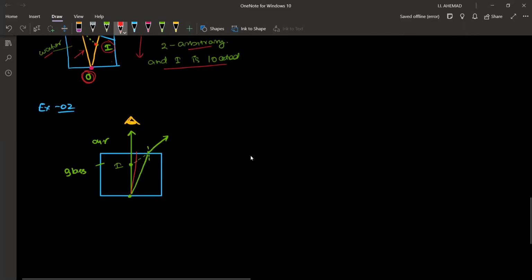Example 2, we already have given the location of the image. And now they have given an additional light ray. Let's say that's OA. And the question is to complete the ray OA.